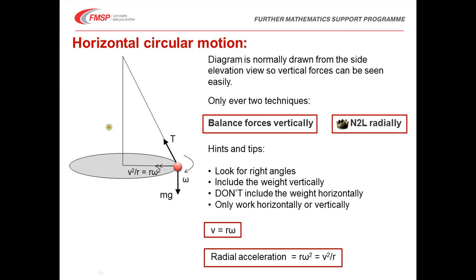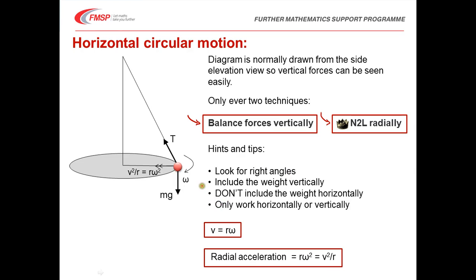Generally, for horizontal circular motion, there are only two techniques that you can apply, and that is to consider the forces balancing in the vertical direction, because there's no motion in the vertical direction for this particle, and also you need to think about using Newton's second law radially. You have a constant acceleration towards the centre of the circle that's provided by some kind of central force, and you need to use Newton's second law in order to be able to assess that.